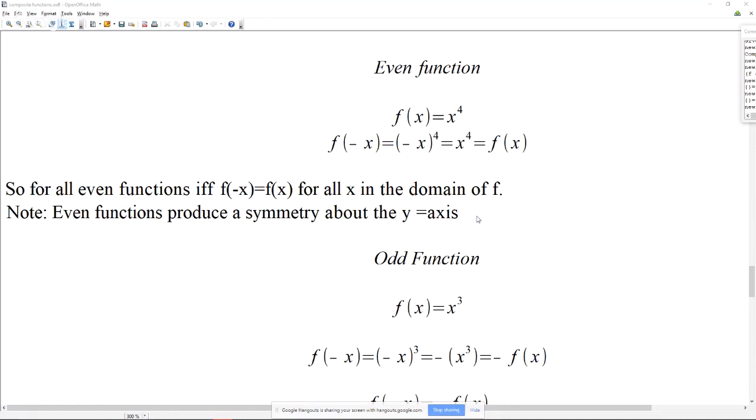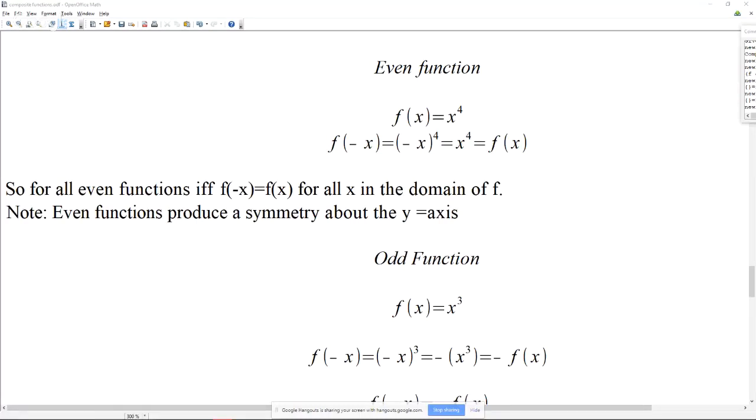Now here's what's really kind of cool. And this is something you're really going to have to memorize, because when you do pre-calc or college algebra, you do a lot of graphing. So it's really helpful to know by just looking at a graph if it's an even or odd function.